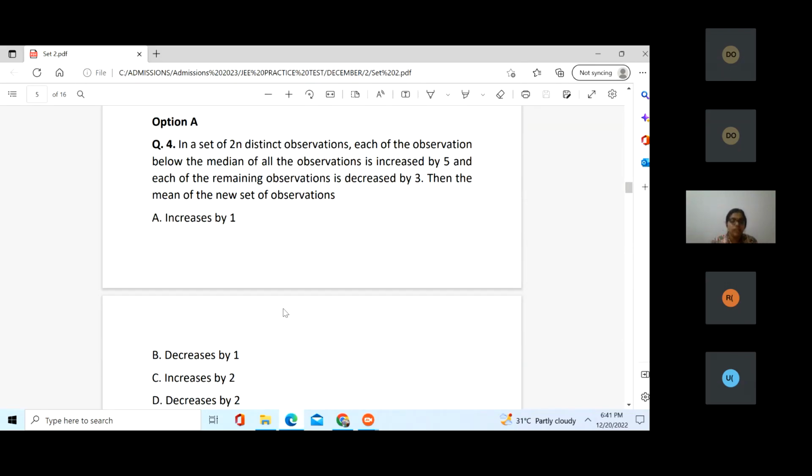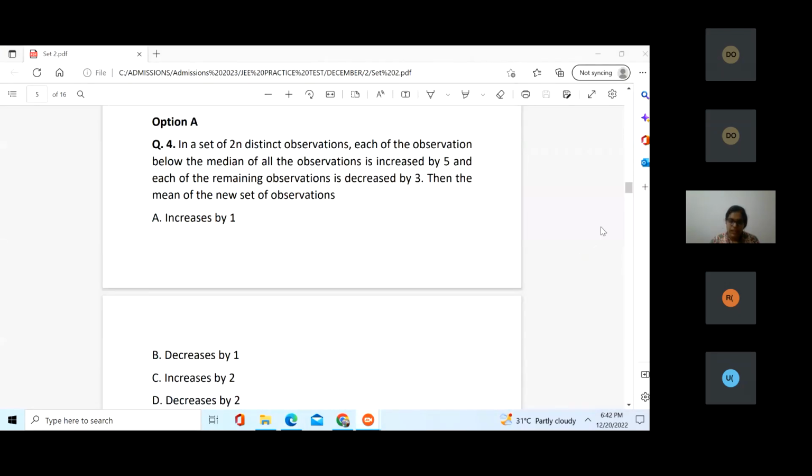Then they're asking us to find the status of the mean of the new set of observations. Whether the mean of the new set of observations is increased by 1, or increased by 2, or decreased by 2, or decreased by 1. This is something we need to find out.